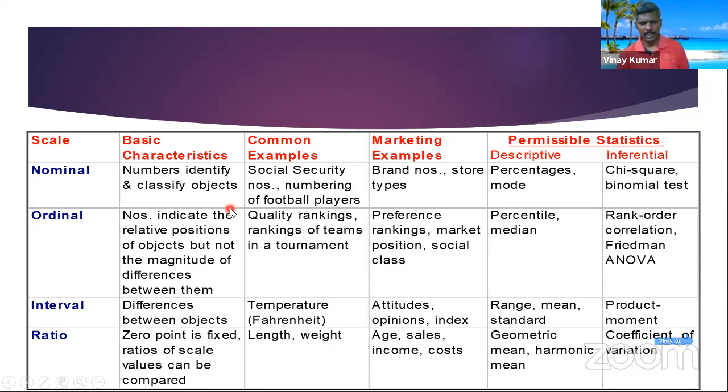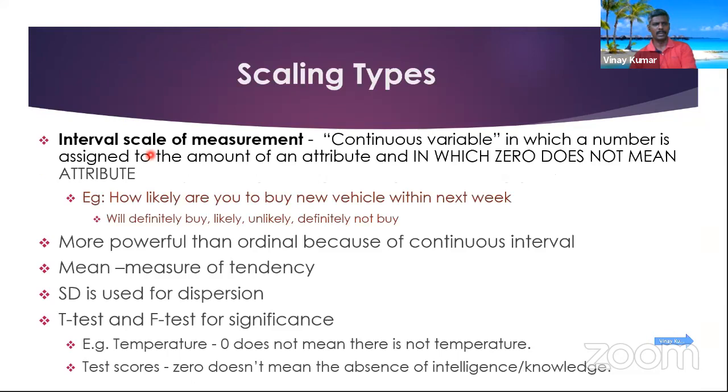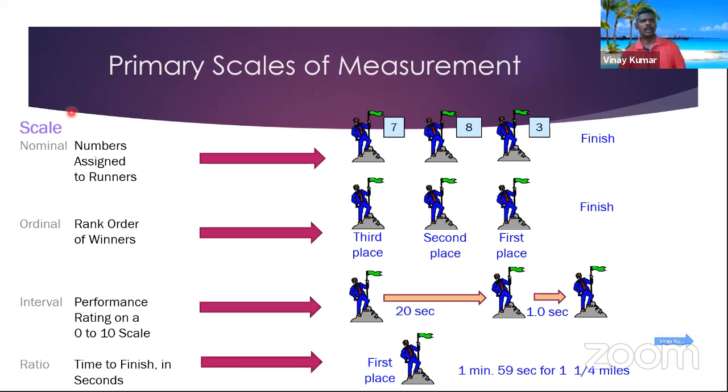Yes, dear students, I think now you're very clear with these four important scales of measurement. So before we proceed to the statistical analysis, it's very important for you to understand these four important scales of measurement. Okay. So let us have a quick recap of these four scales before we proceed. So we saw a nominal scale, ordinal, interval, and ratio scale.